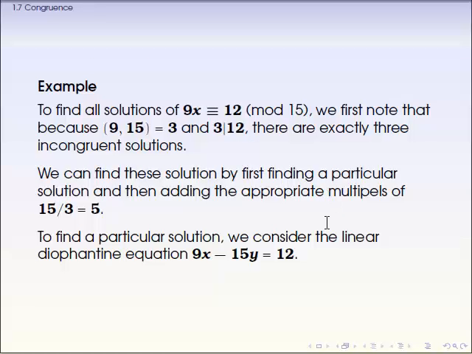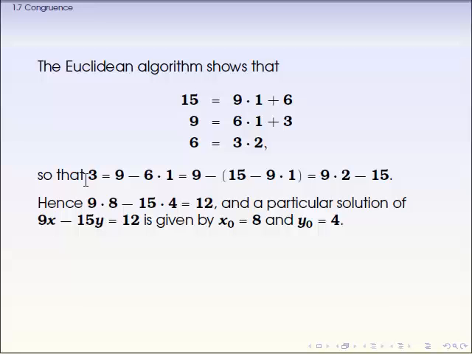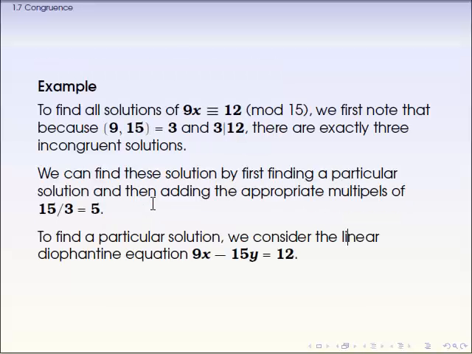Because in this equation we need 12, so from 3 to get 12 we need to multiply by 4. That's another reason why we need this divisibility: the greatest common divisor should divide the constant term, so we can get that constant term by multiplication.